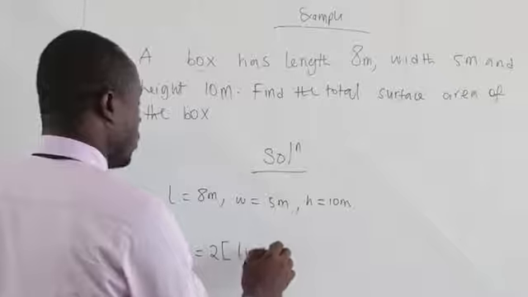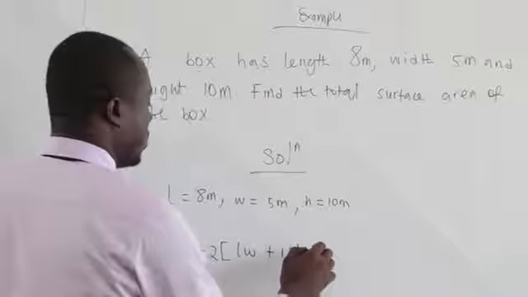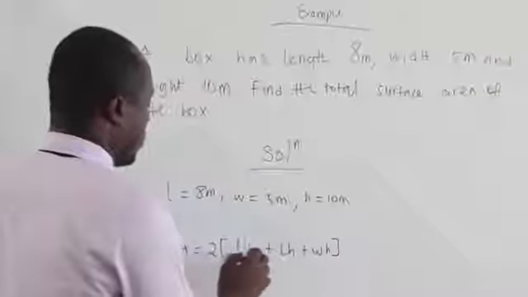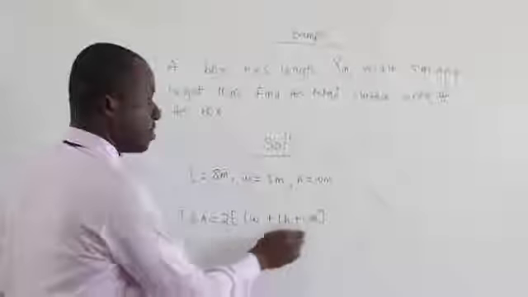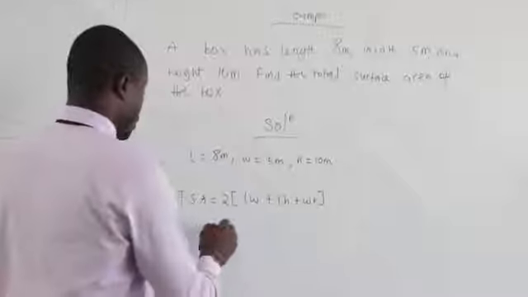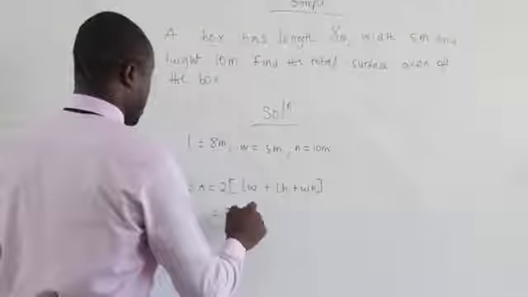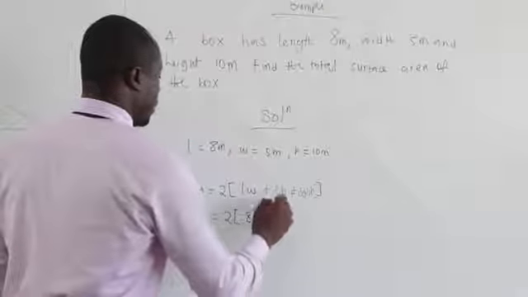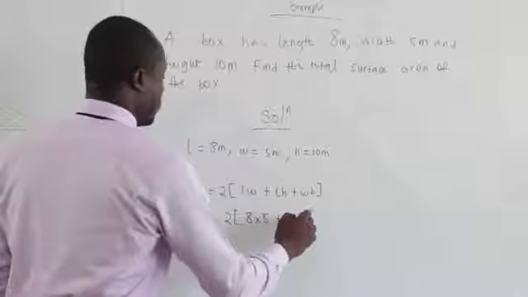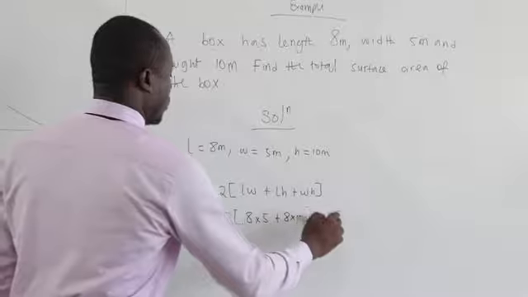So LW plus LH plus WH. L is 8, so 8 times 5, plus 8 times 10, plus 5 times 10.